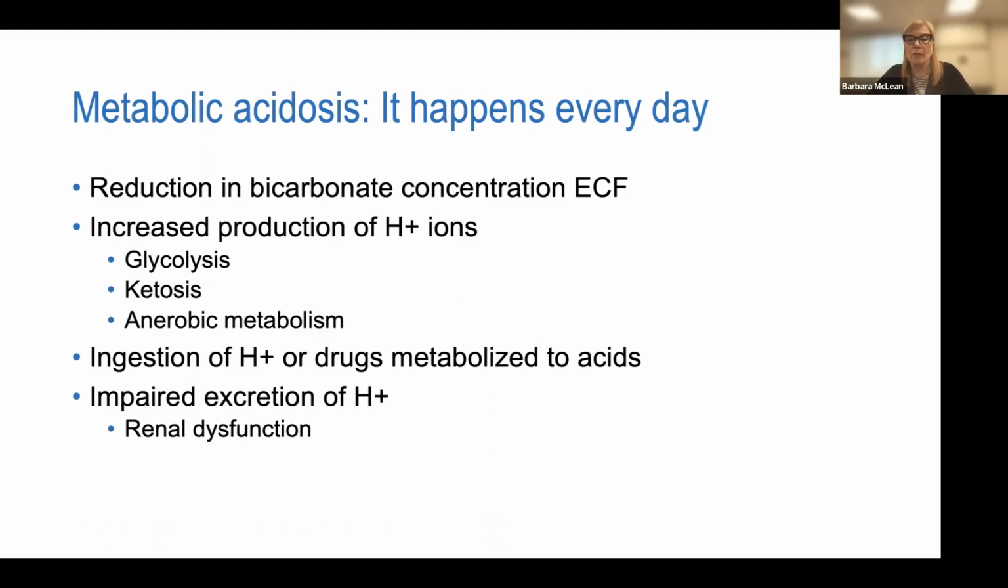We see patients who have increased production of hydrogen ion. They're in glycolysis, ketosis, they're in anaerobic metabolism because of poor blood flow. And if we add kidney dysfunction to that, then they're not excreting the metabolic acids. So that makes their metabolic acidosis even worse.